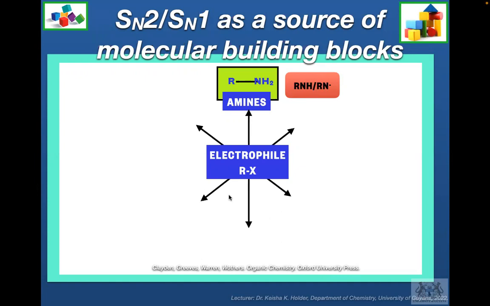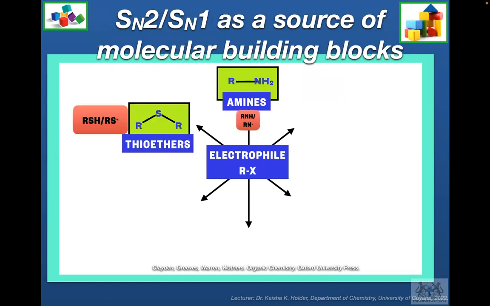Continuing forward, we are actually able to continue to expand our repertoire of molecules and their complexities by using a different set of reactive agents. In this case, if we change our nucleophile to sulfur nucleophiles, we are able to access ethers or thioethers.